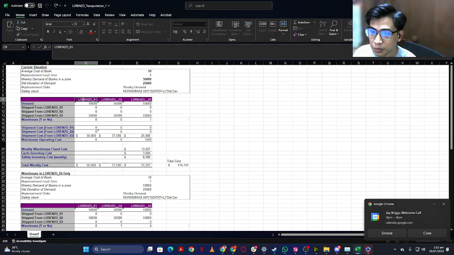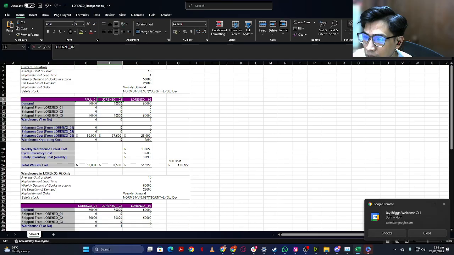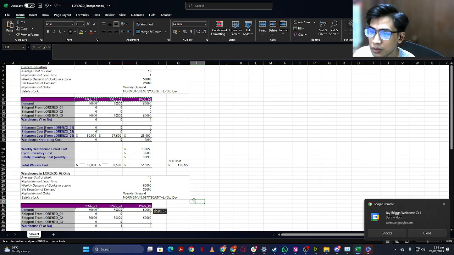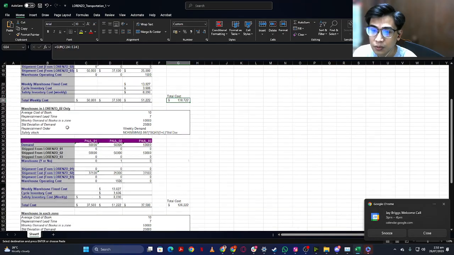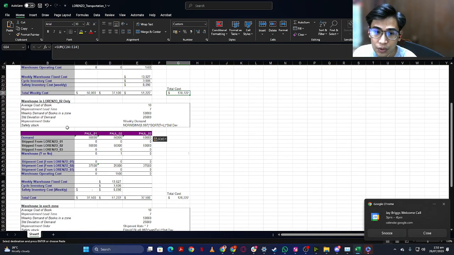Let me just change this to Paul so we don't get confused. That's my first and last name. Moving forward, that gave us a total cost of 138,722.